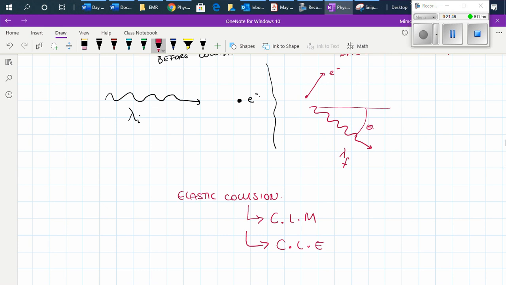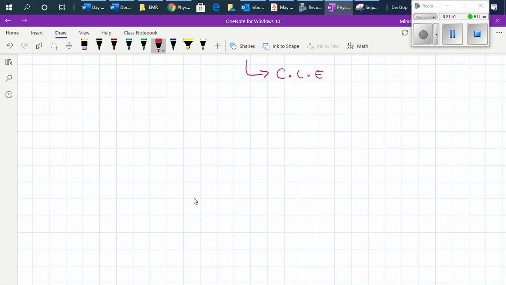So when we write the conservation law of momentum, we are saying that the initial momentum is equal to the momentum of the electron after the collision plus the final momentum of the photon.